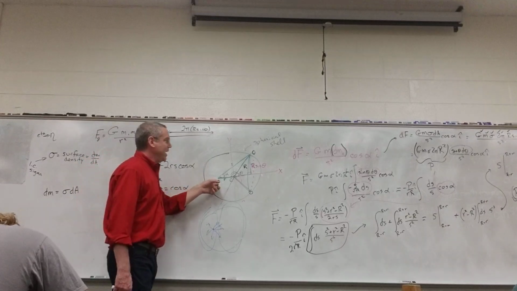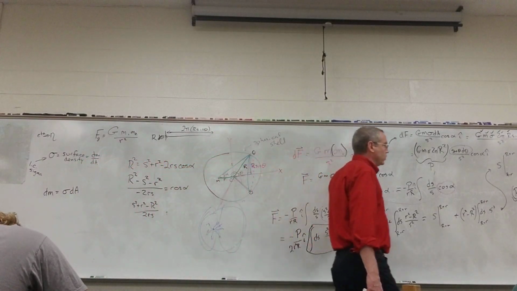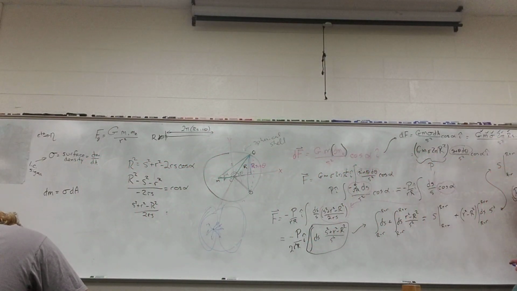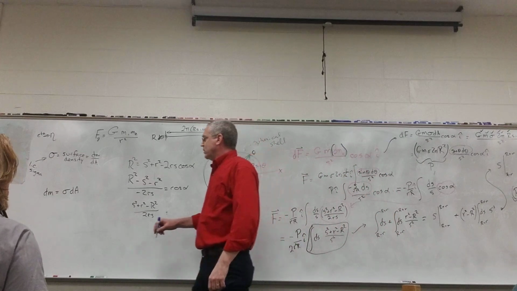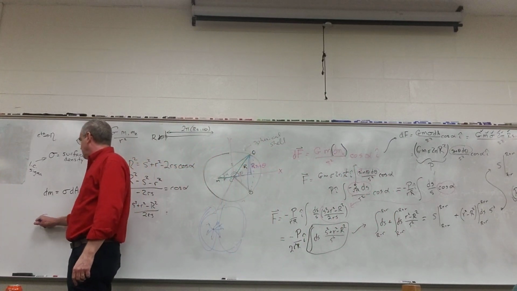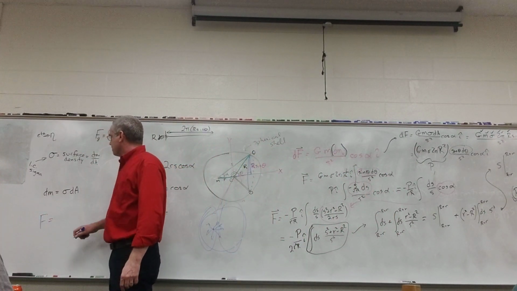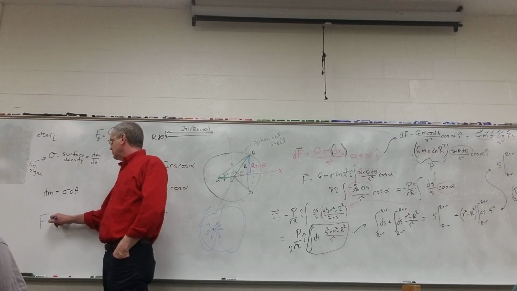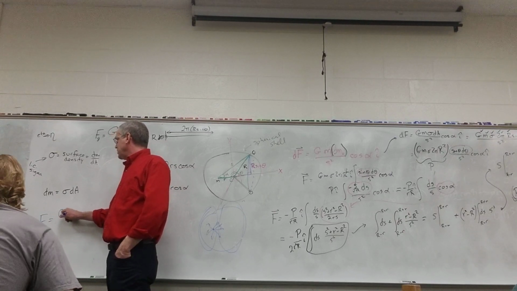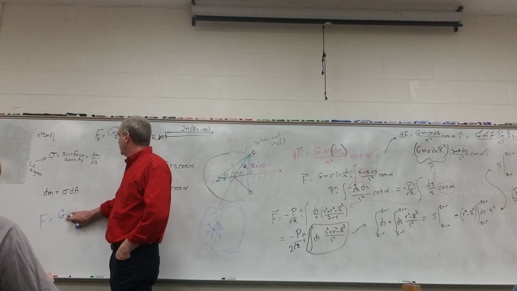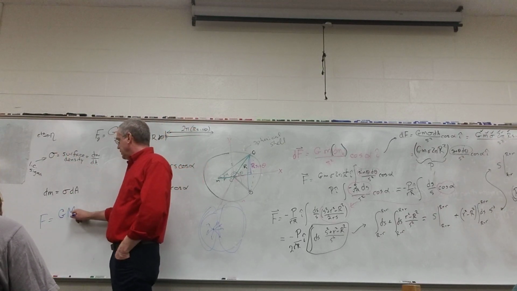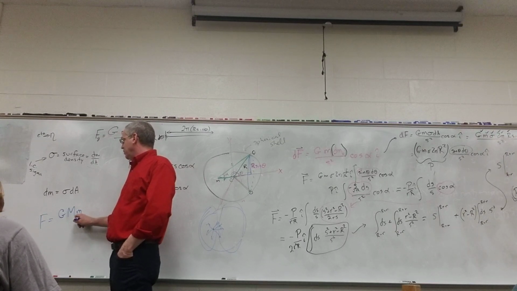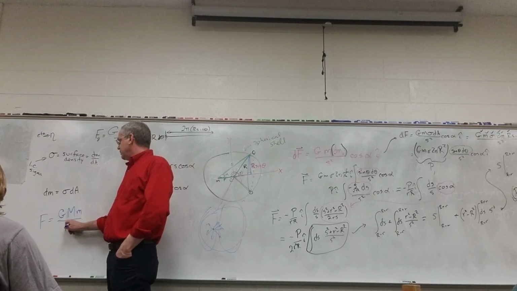All right, so if the mass is outside of the sphere, you can go through the entire derivation again and don't end up with 0, but what you end up with is if the mass is outside, the force on that little mass becomes, or the magnitude of the force becomes, big G times the mass of the sphere, times the mass of the tiny little mass over r squared.